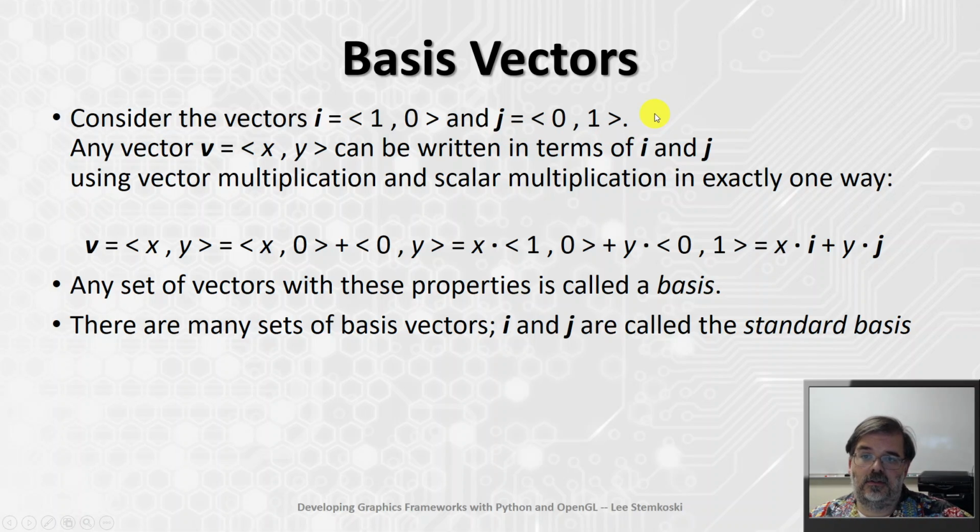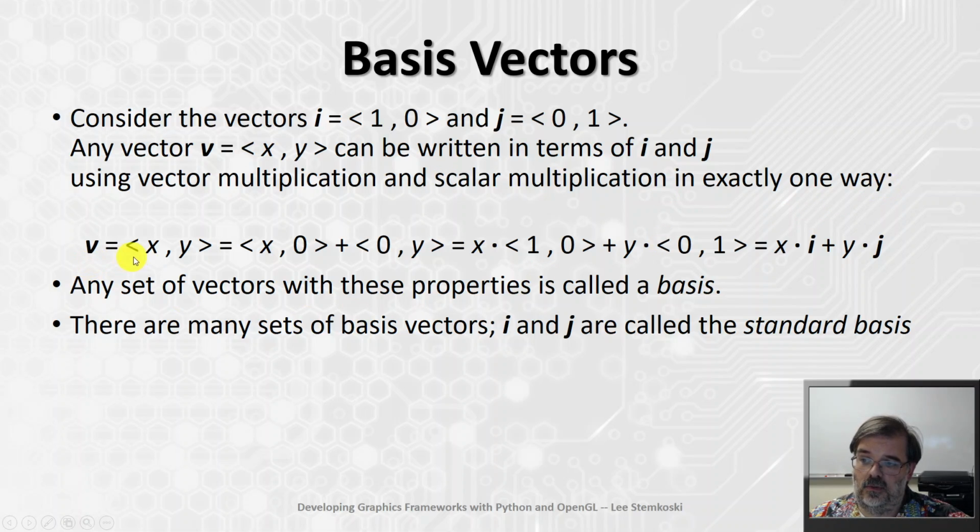Now, it turns out you can write any other vector, let's say v has components x and y, in terms of these two special vectors, i and j, using the vector operations, vector addition and scalar multiplication. And it turns out you can do this in exactly one way.